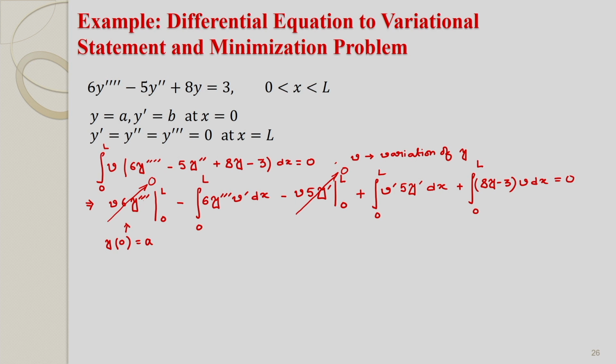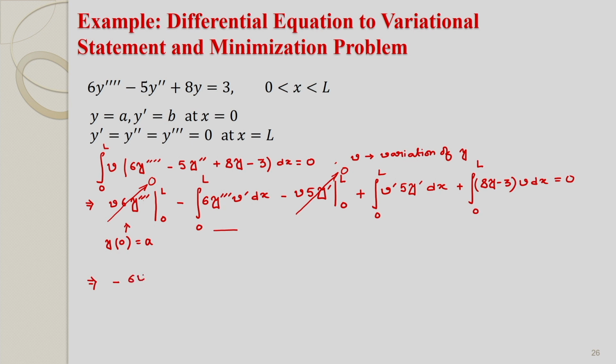Now, we have to keep on doing integration by parts until both the dependent variable and the variation have the same order of derivative. Here you can see it is v prime, it is y triple prime. So, we have to do one more integration by parts.